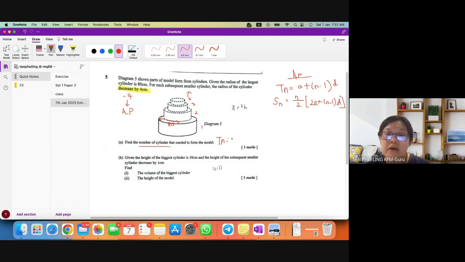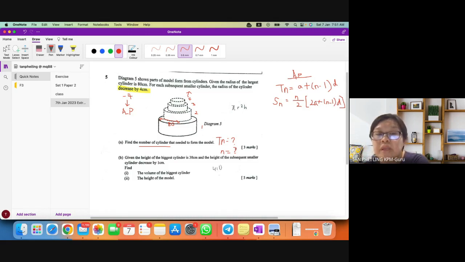That means how many terms are there, how many cylinders are there, because this one is the first cylinder, second cylinder, third cylinder, fourth cylinder. So they want to ask us how many terms there will be in this model, which means they ask for Tn and they want to find out what n is. Is that okay? In this case, you have to understand one condition.